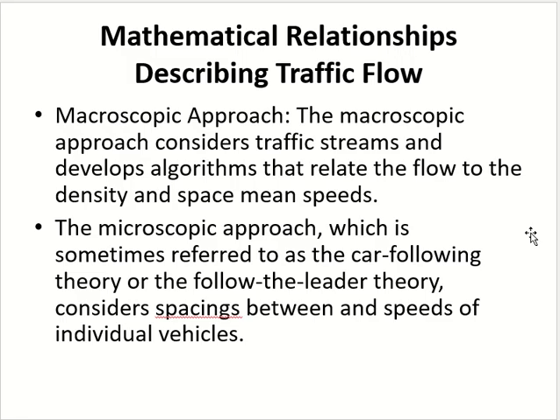So when you are looking at the whole flow, this is a macroscopic approach. When you are looking at individual cars, that is microscopic. Both of them have their own models, but you should know the difference between them.